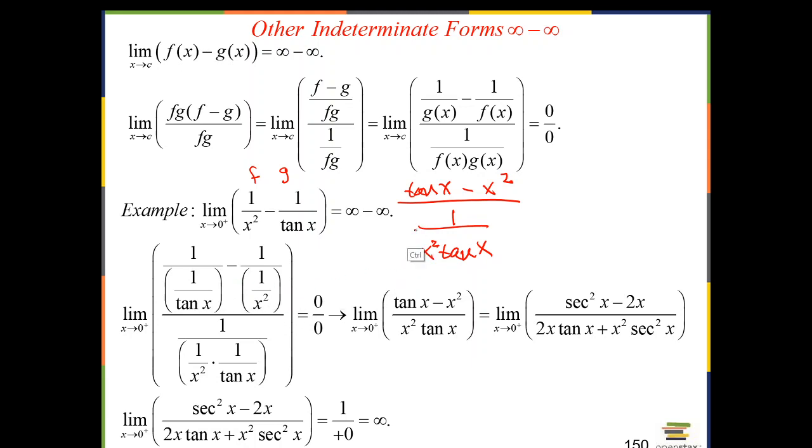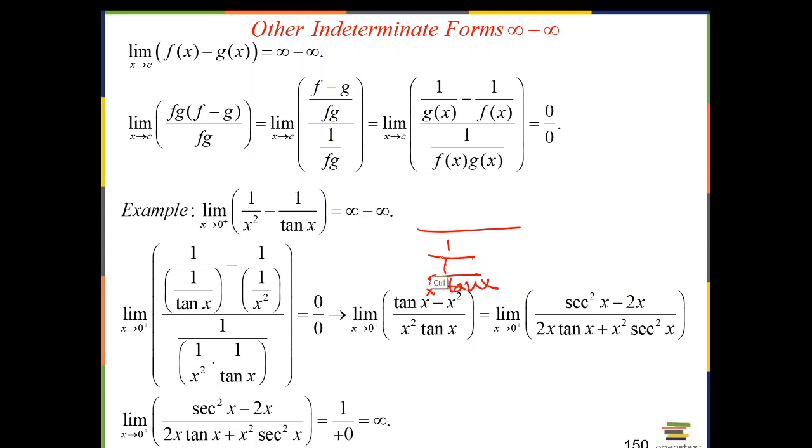So the denominator. So let me write it. The denominator is 1 over x squared tangent x, right?